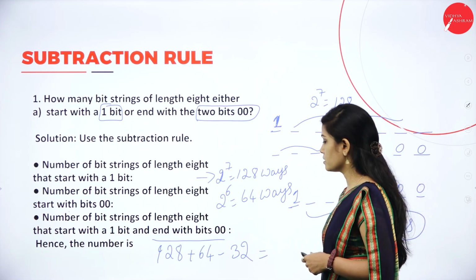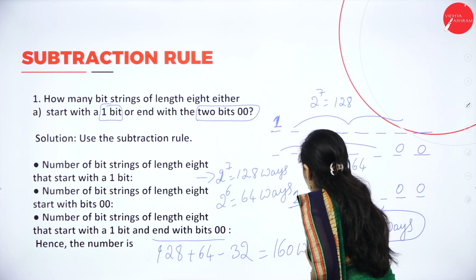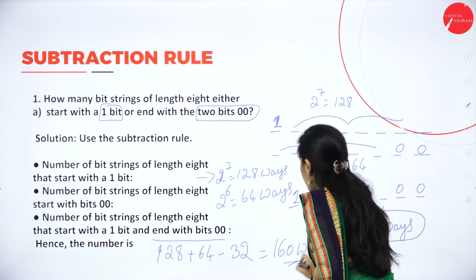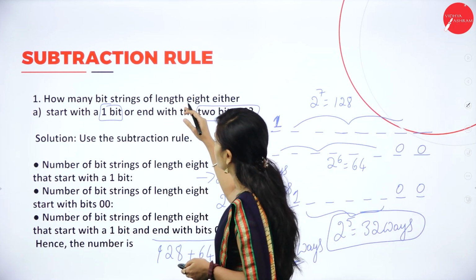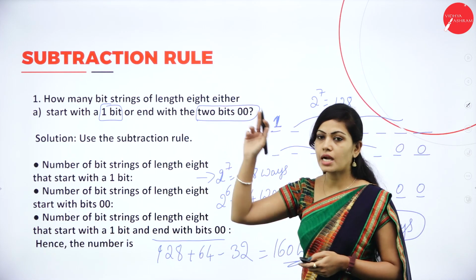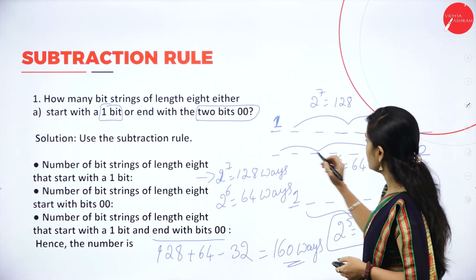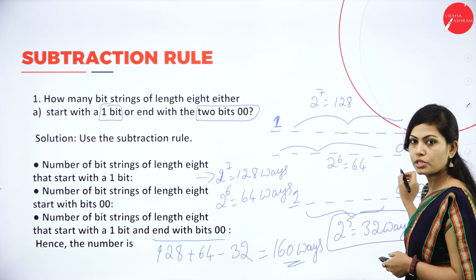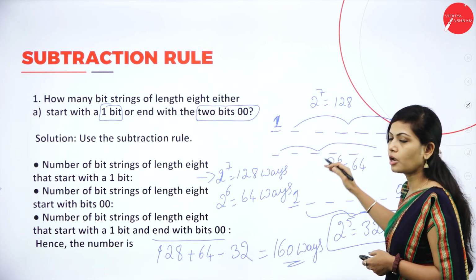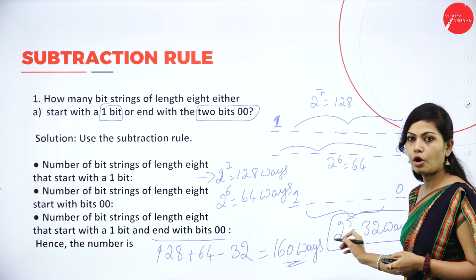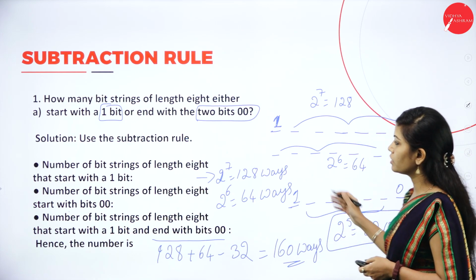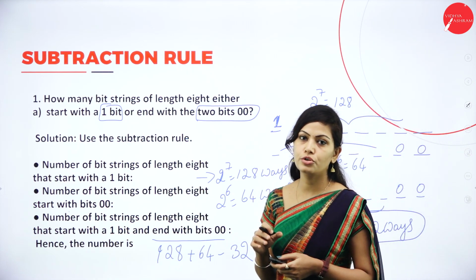So the answer is 160 ways. You can find the possible outcomes in this question. This is the procedure for the subtraction rule.